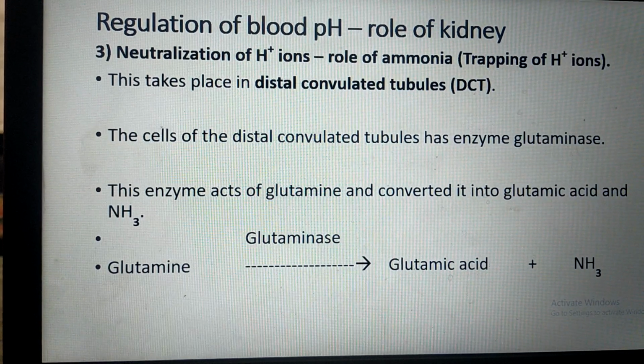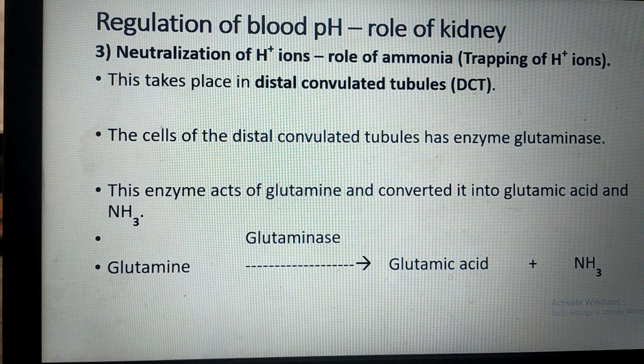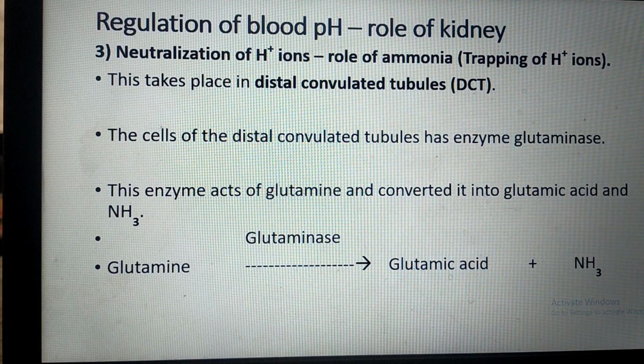Now the next mechanism, or third mechanism, is also for neutralization of H plus ions, which are excreted in the first mechanism. Here neutralization is not by the phosphate buffer system, but by ammonia. That mechanism occurs in the distal convoluted tubule. Here the process is called trapping of H plus ions.